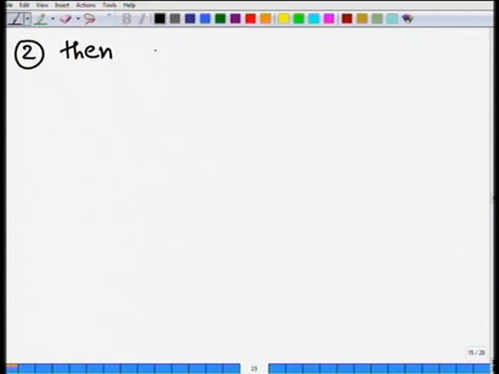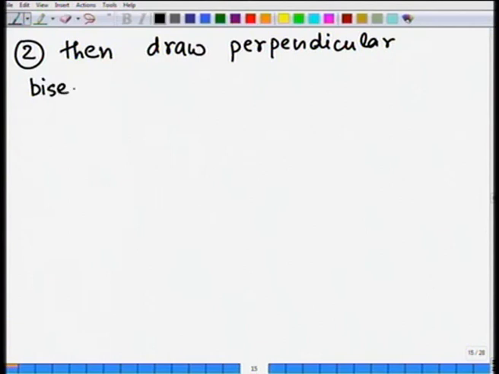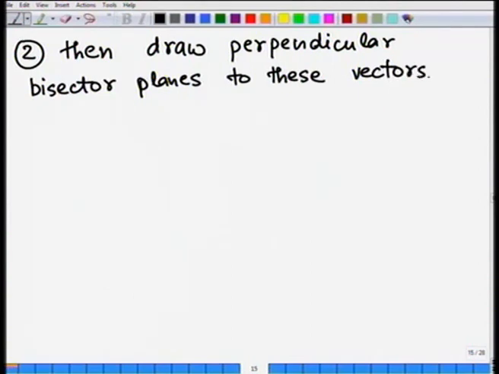Then draw perpendicular bisector planes of these vectors, again infinite number because infinite vectors are there.